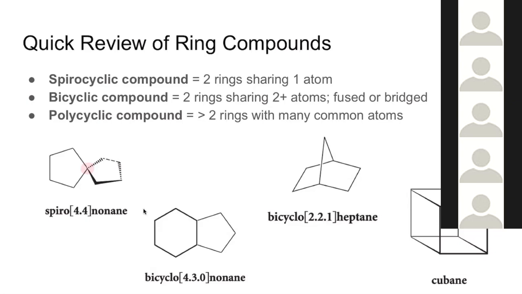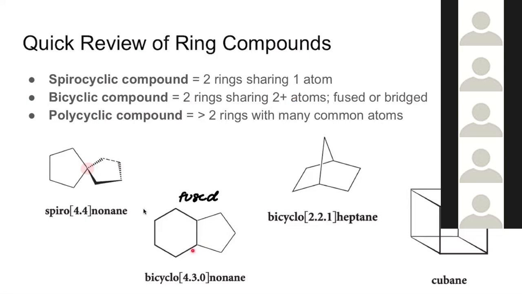And so you also have bicyclic compounds. Those usually have "bicyclo" or something at the beginning, and that's when you have two rings sharing two or more atoms. You have these two general types. One is called fused, where I believe it's only two carbons. Let me think, that sounds right. Usually you're going to see only two carbons in a fused, and they're all in the same plane.